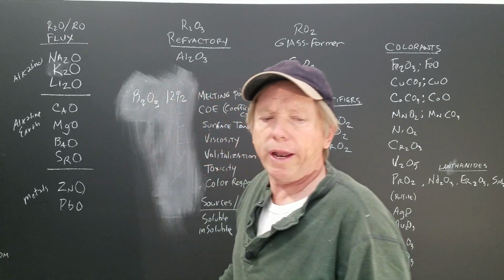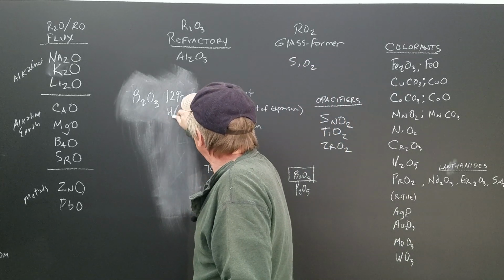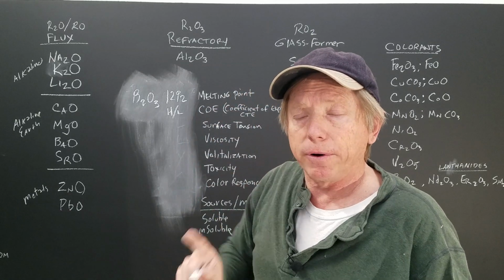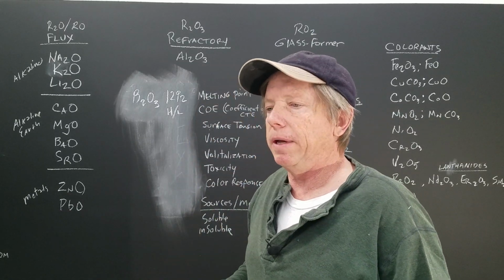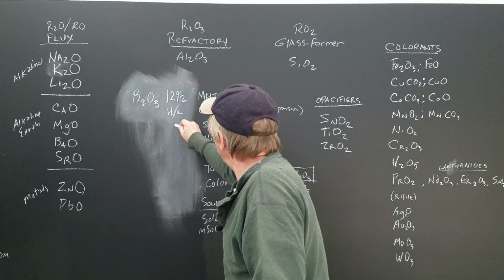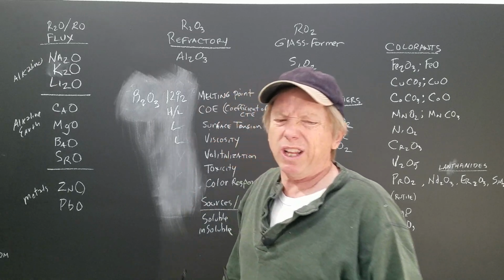It has a high and a low coefficient of expansion. In small quantities, it has a low coefficient of expansion and may stop crazing. In higher quantities, it may increase crazing. It's got a low surface tension, low viscosity. I don't think it volatilizes.